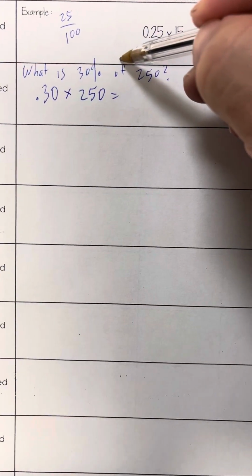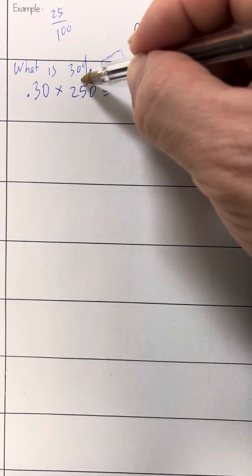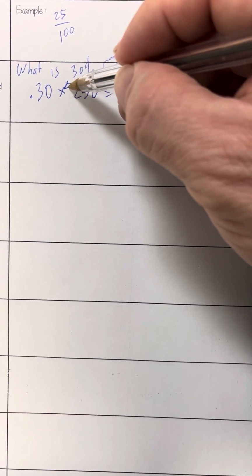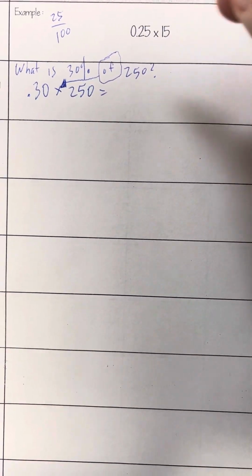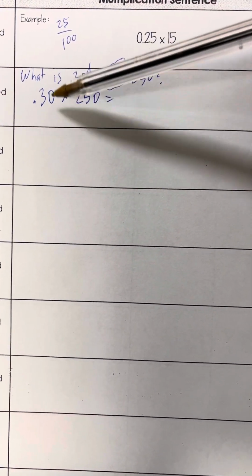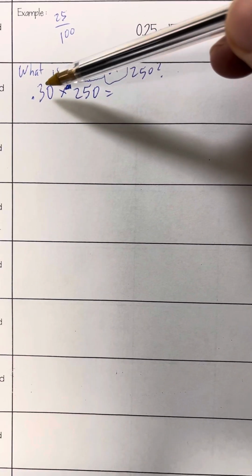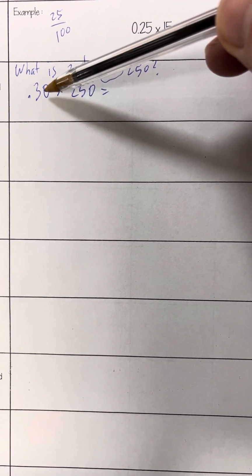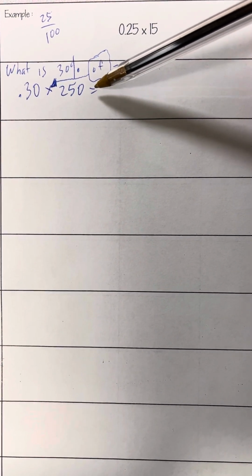Now this word of means that we're going to multiply. So of means multiply. So 30%, and we always change our percentage into a decimal. So 0.30 of or times 250 is what?